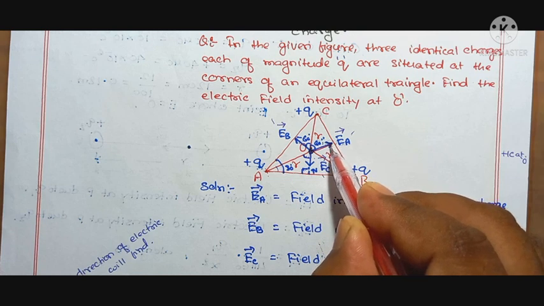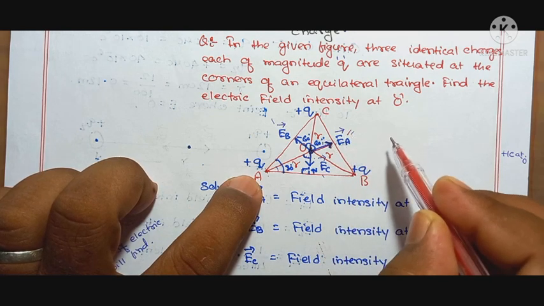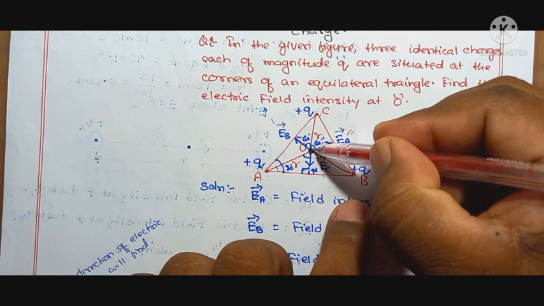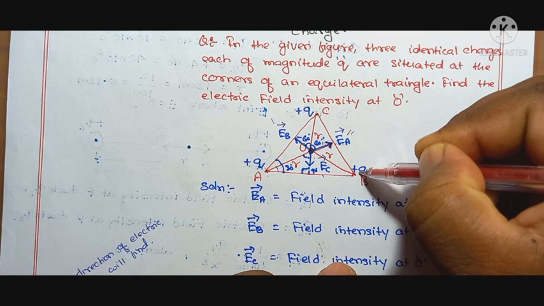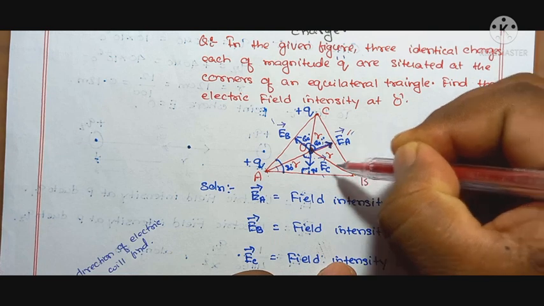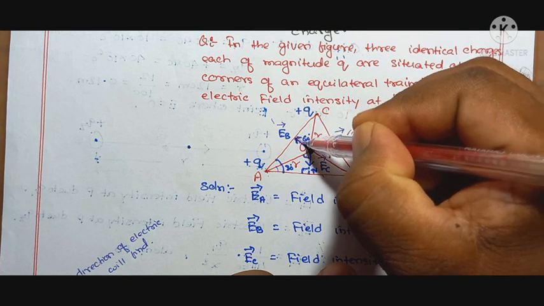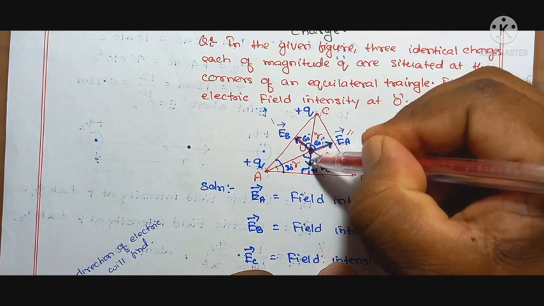So the electric field at O due to the charge at A is EA. Similarly, here the plus 1 coulomb charge is placed, so this is a positive charge plus Q, and the 1 coulomb charge will move in this direction. So the electric field is along this direction, that is EB. Similarly, EC.